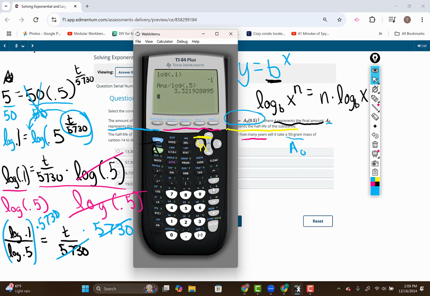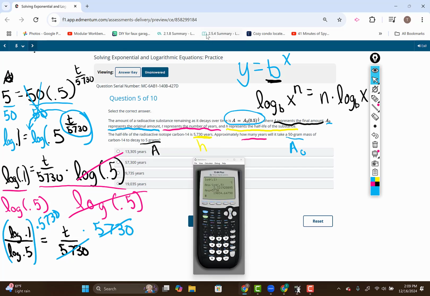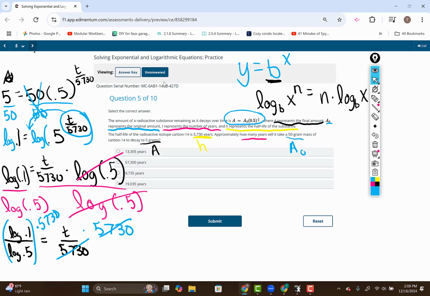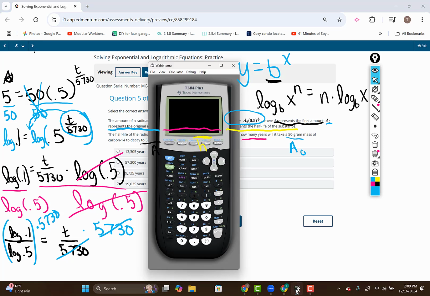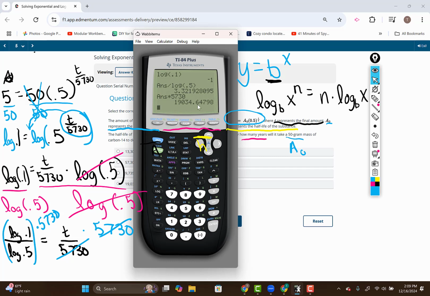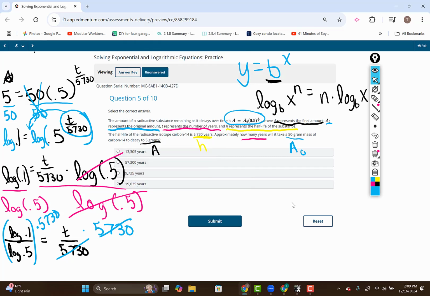Now we get a nasty decimal, and then finally we're going to multiply that by 5,730, and hope and pray that's one of our answer choices. 19,034. Let's look at that again. Did it round to 19,035? Yeah, 19,034.6. So it rounded up to 19,035.